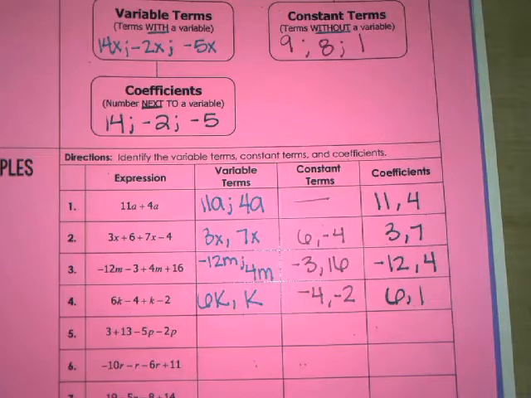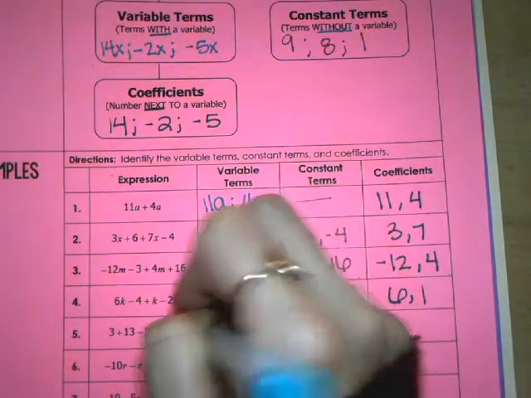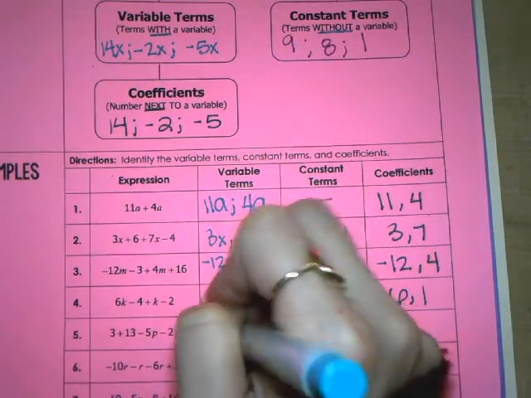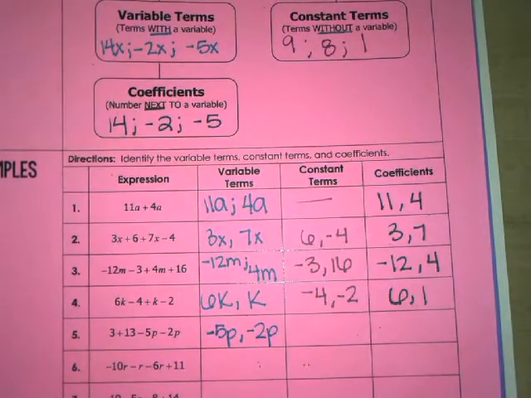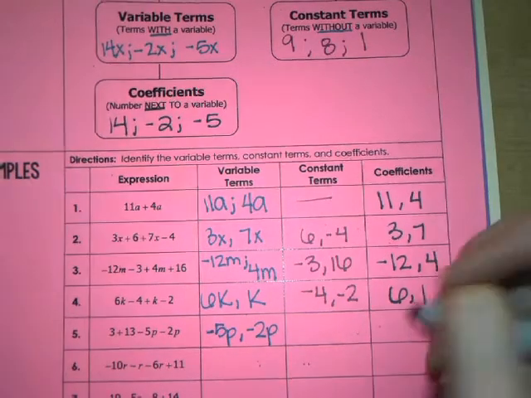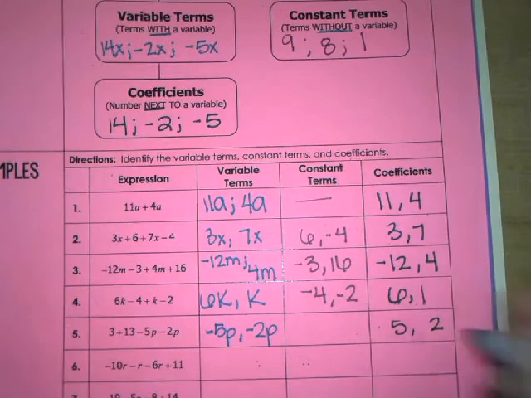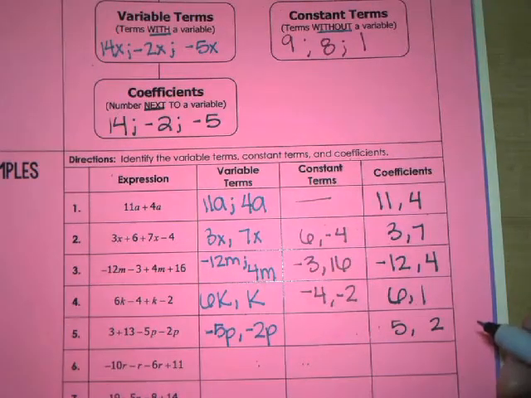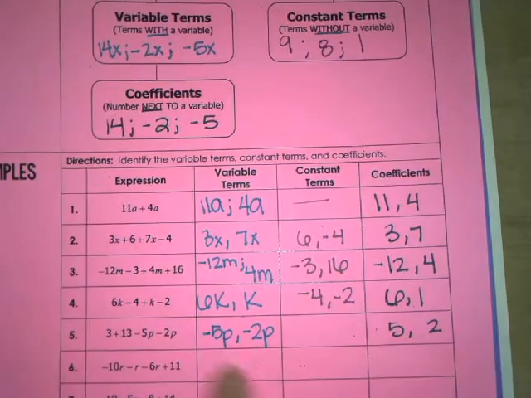What are my variable terms? Excellent. What are my coefficients? 5 and 2. Just 5 and 2? Yeah. 5 and 2 are what, though?